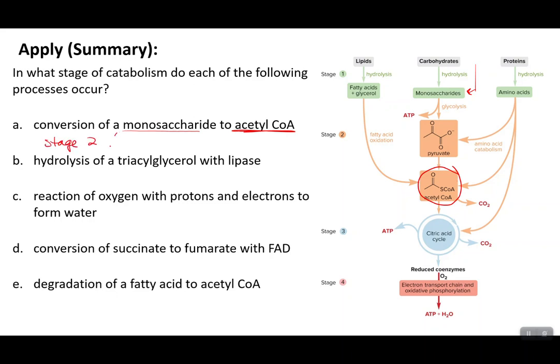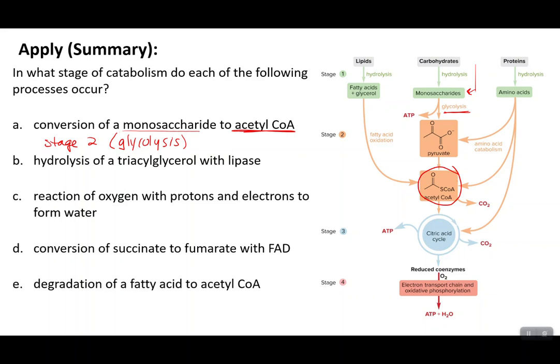And now the question isn't asking this, but I'm just going to write it in. Here, that process is happening through the metabolic pathway called glycolysis. So that we become a little bit familiar with these other metabolic pathways in this roadmap. Okay, so glycolysis is going to be the process or the metabolic pathway by which monosaccharides are converted to acetyl-CoA.